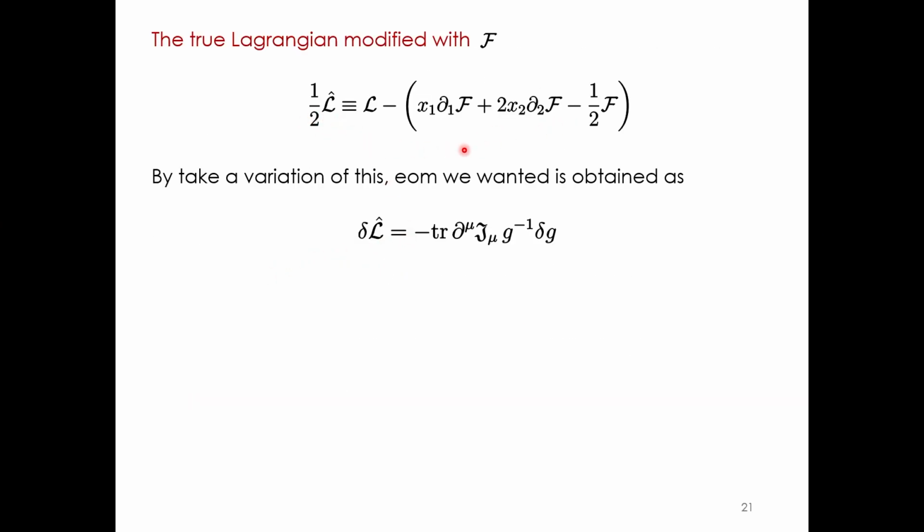So L hat is defined like this. Then, by taking the variations of L hat, we will get these expressions. So L hat provides the equations of motion we wanted to derive, which is consistent with the Lax form, the flatness of the Lax form.